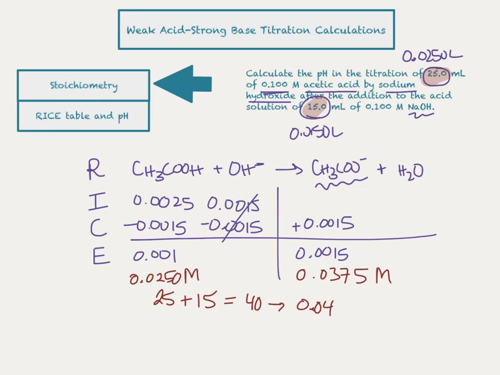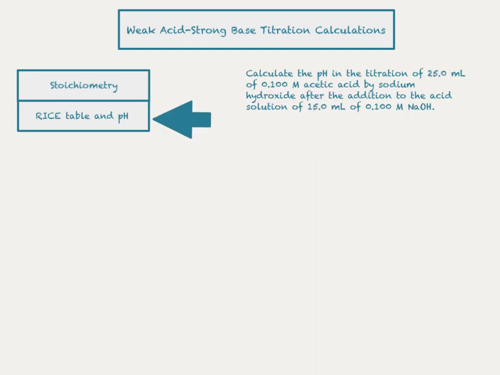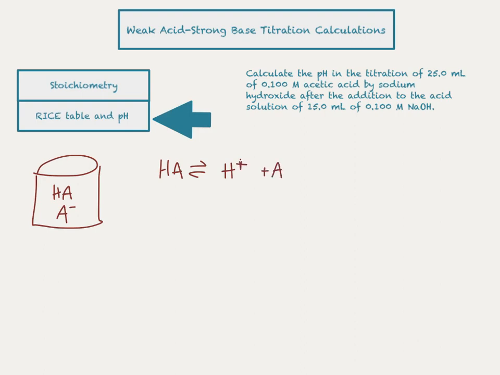Now I need to put these molarities into a rice table. Before I can get a decent rice table going, I really need to consider what is in my beaker right now. I have significant concentrations of both my weak acid and the salt of my weak acid, or the conjugate base. In this case, I need to figure out if I'm using the reaction for the acid or the base.